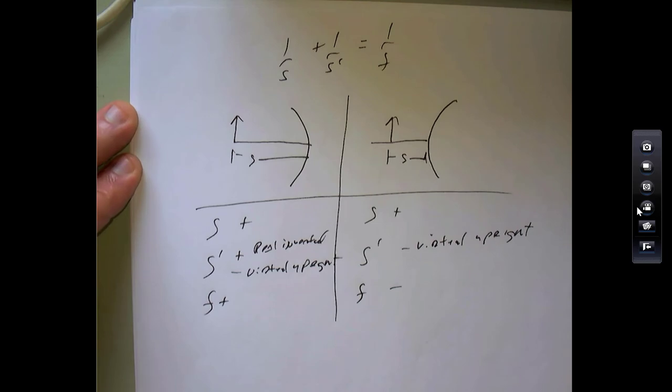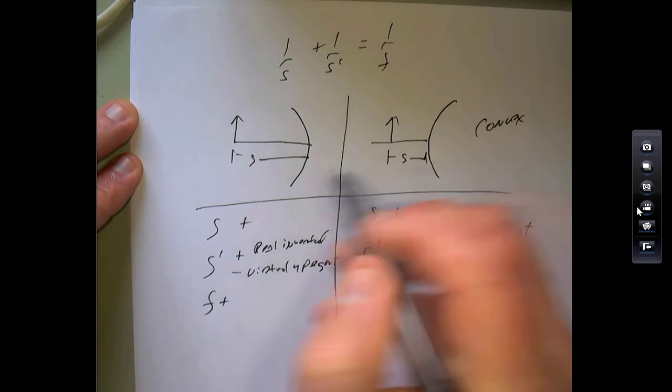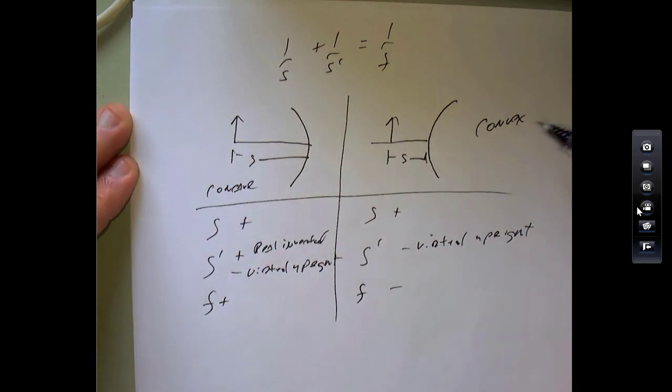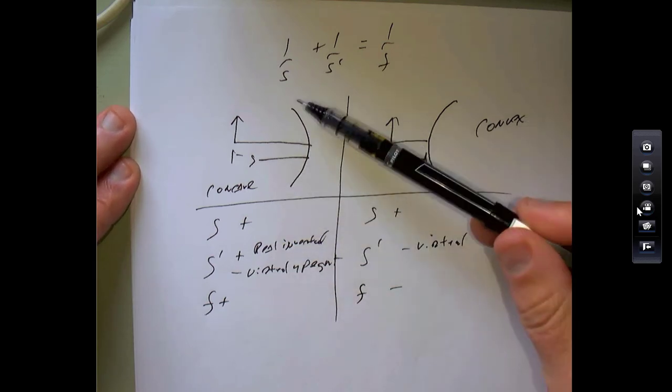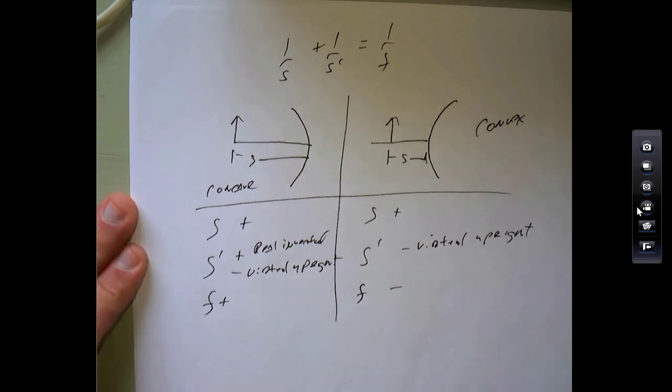So in a sense, this convex mirror behaves like a diverging lens. Concave mirror. So a convex mirror behaves like a diverging lens, and a concave mirror behaves like a converging lens.